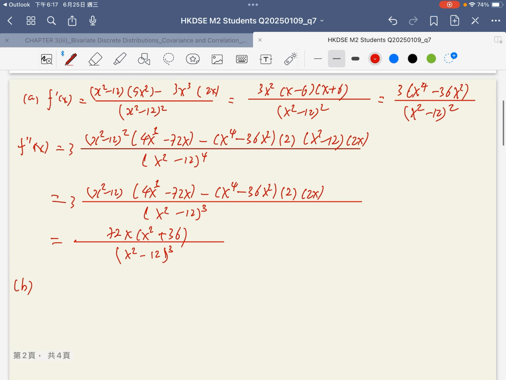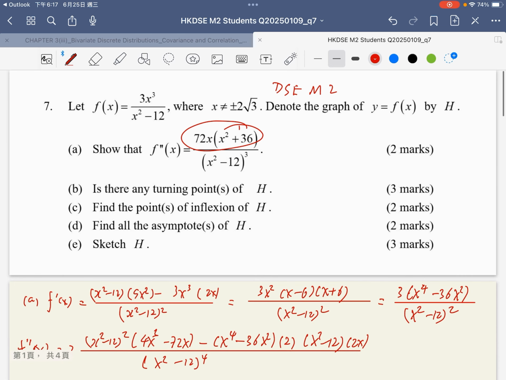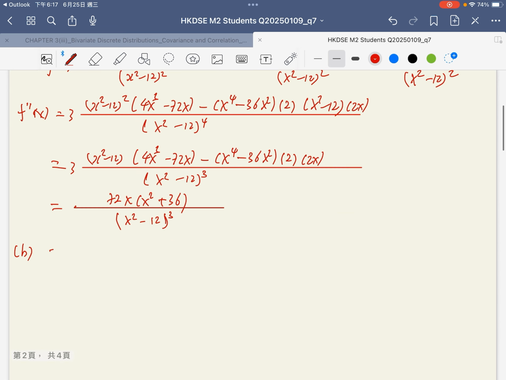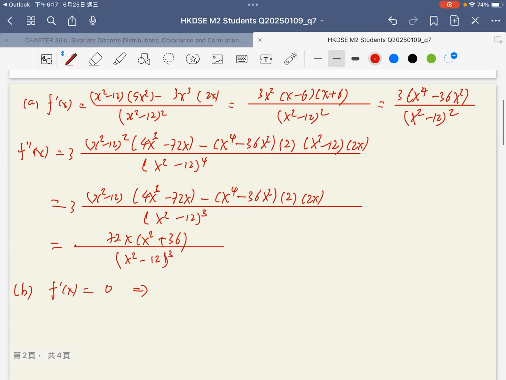Great. For part B and part C: part B is finding the turning points, meaning maximum and minimum, and part C is the point of inflection. Therefore, I set the first derivative equal to 0, that is x equals 0, 6, and minus 6, and also x is not equal to positive and negative 2 times root 3.